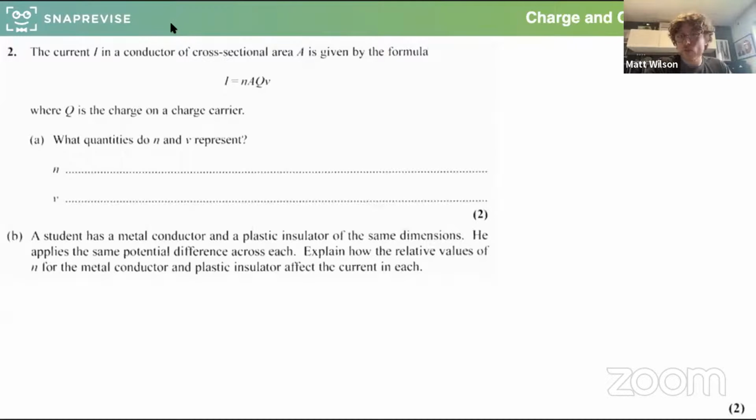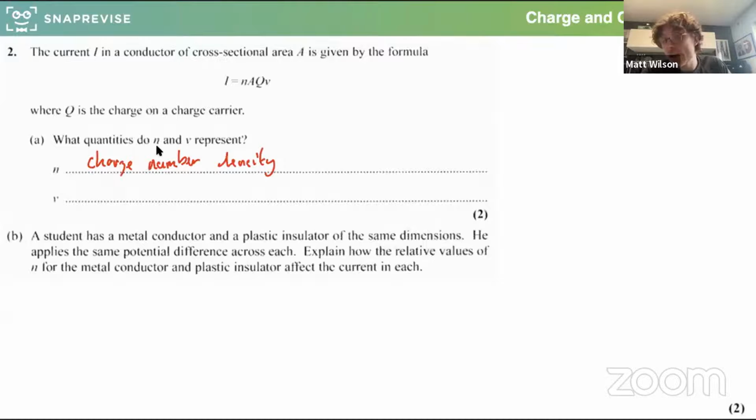Well, N before was a number of electron density, it was a number of electrons per volume. Here we should just say it is the charge number density. You could also have just literally said it's the charge per volume. You don't need to know this name. Good. Of charges.